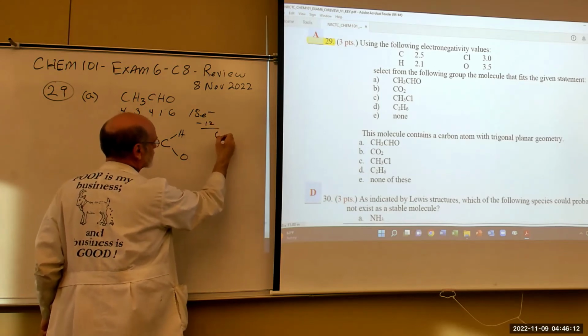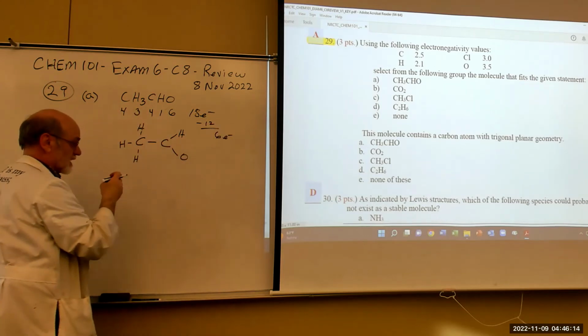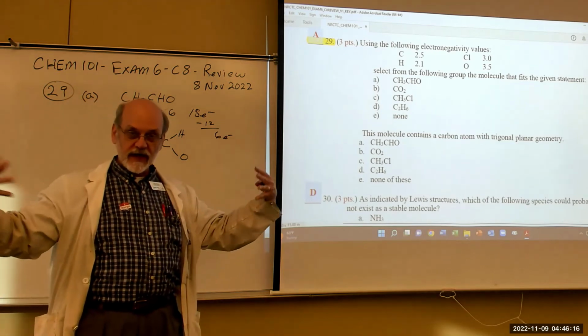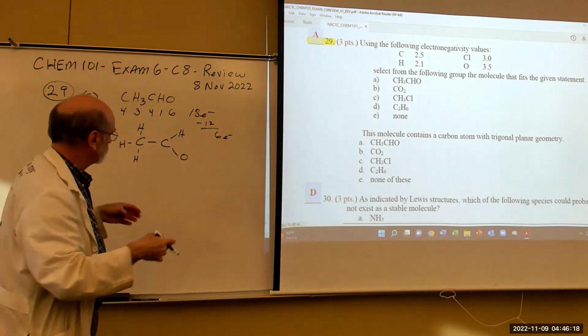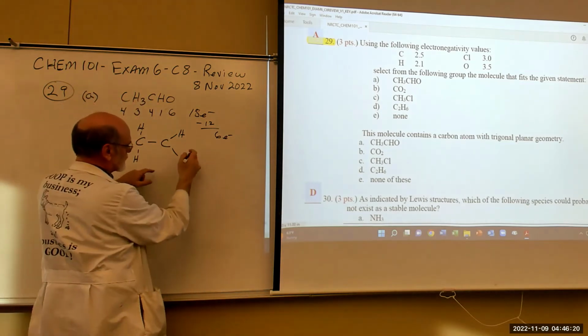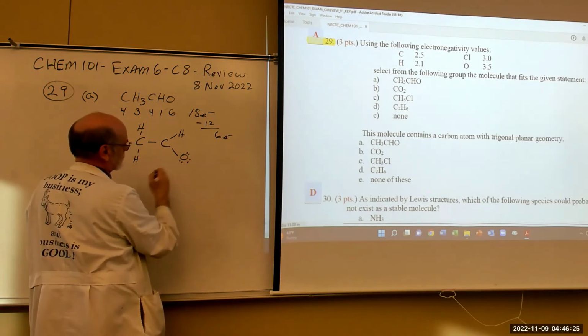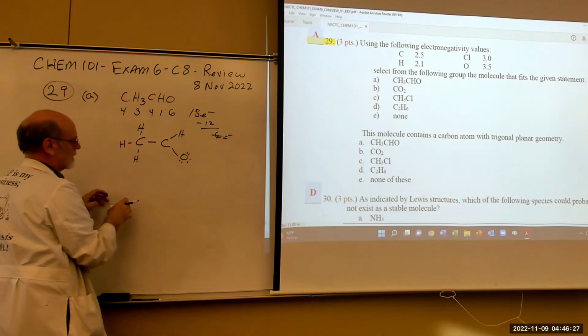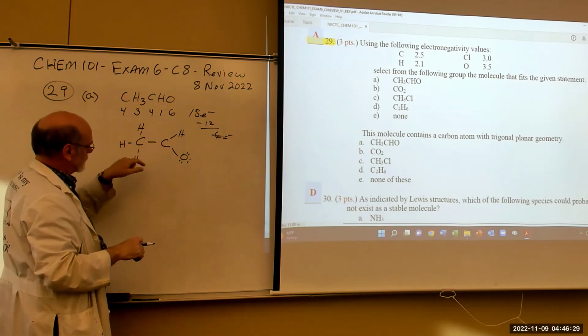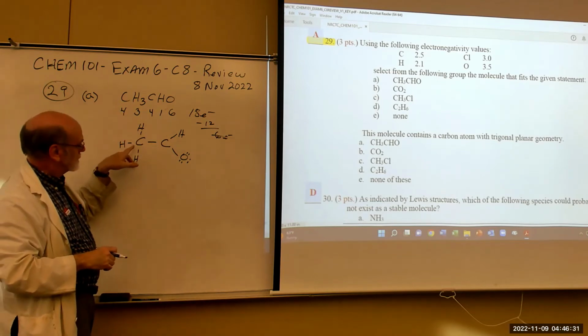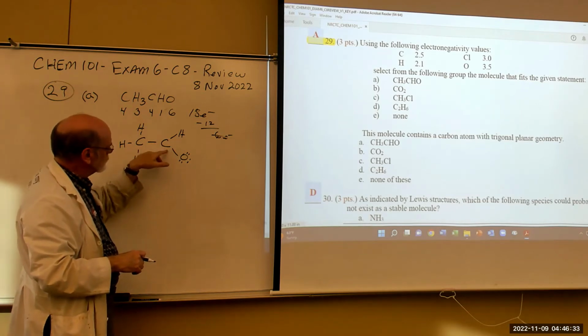So that's 6 electrons. So now we start from the outside and work our way in. Right? 6 electrons. Right? So they're all used up. Hydrogens are all happy. This carbon's got an octet. This carbon has 2, 4, 6.